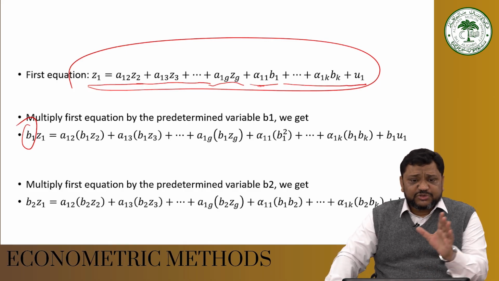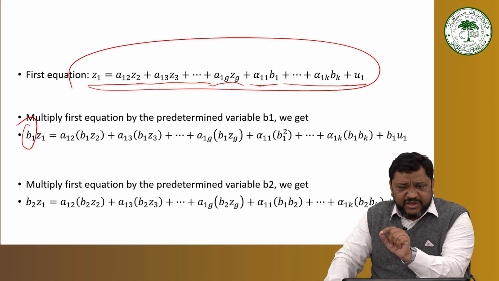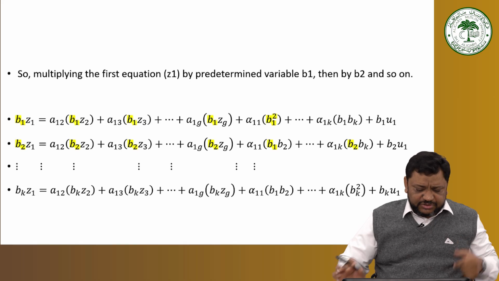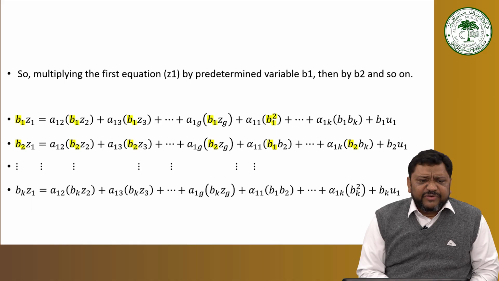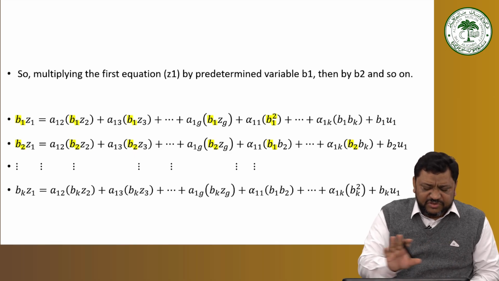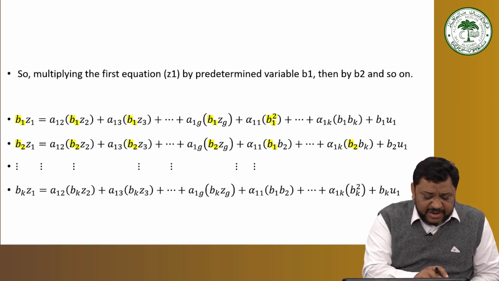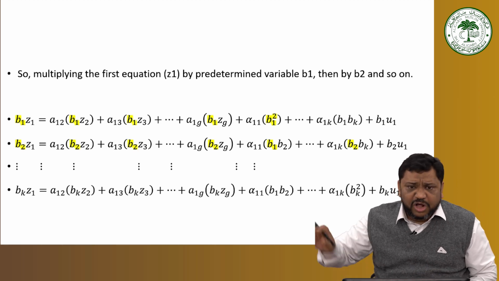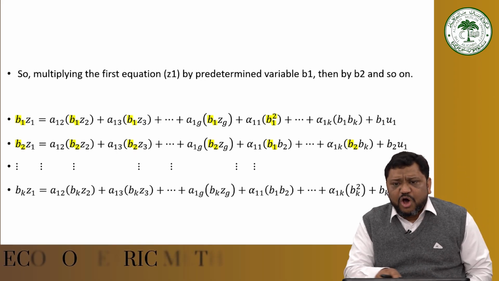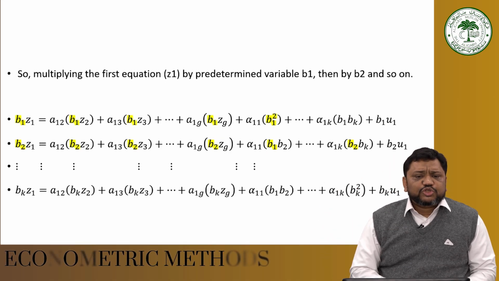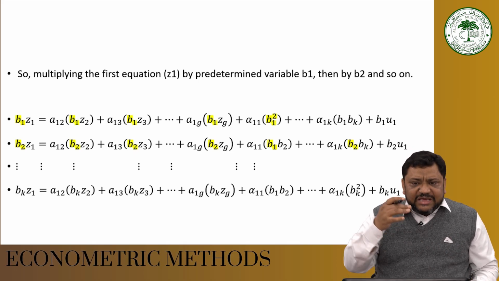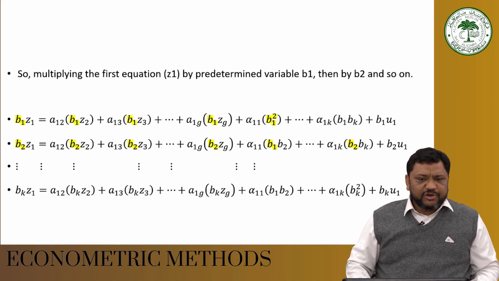In the first equation we multiply by B1, and B1 is multiplied to all the terms in the original equation. In the second, B2 is multiplied to all the terms. So we are multiplying all the equations by the k predetermined variables, and now we have k forms for all the G equations.